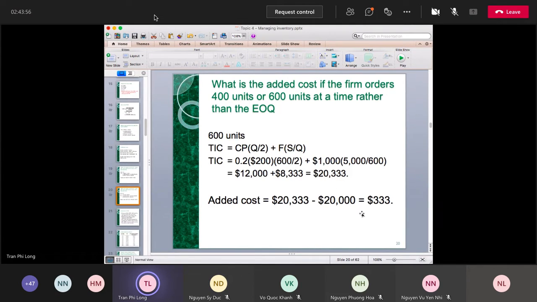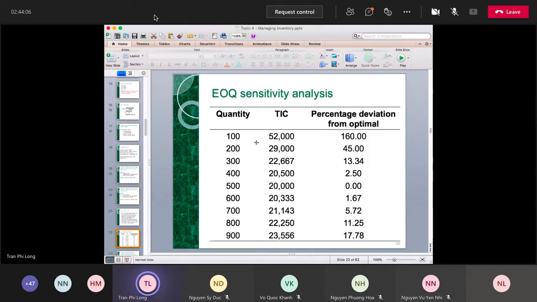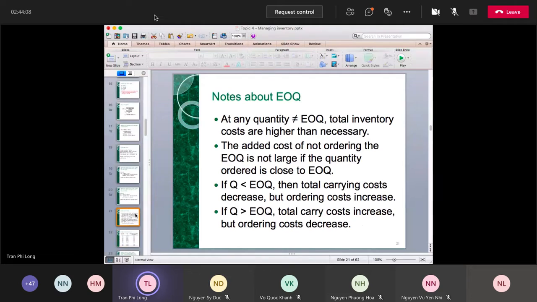So the added cost in this case will be 333. Basically you can use the same calculation to prepare this table. We can skip this slide for the time being.